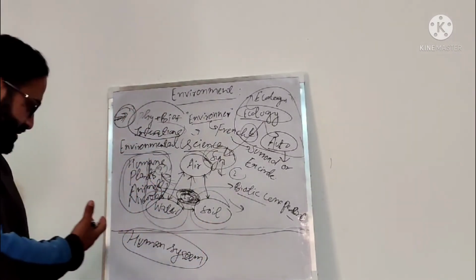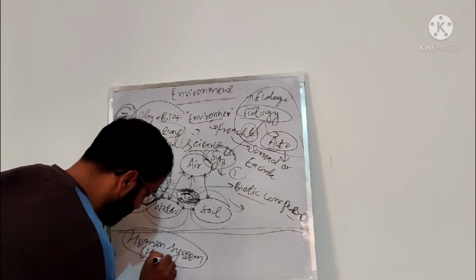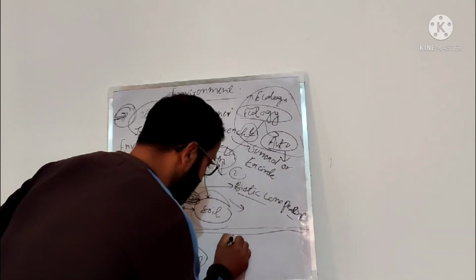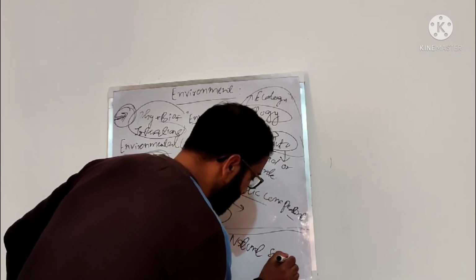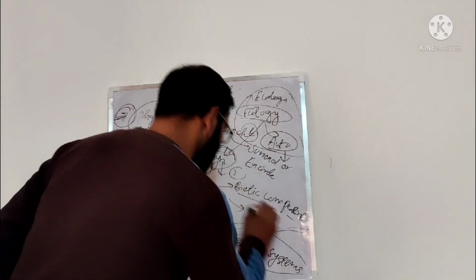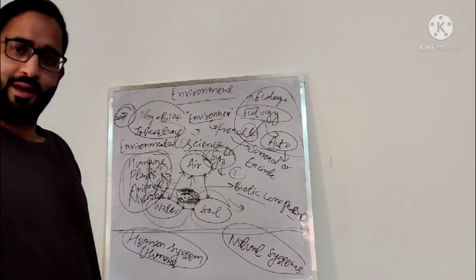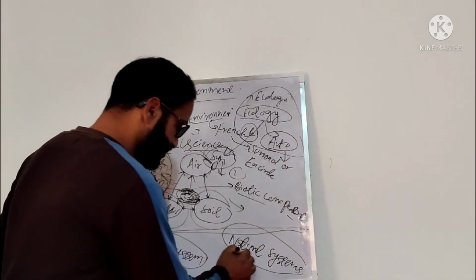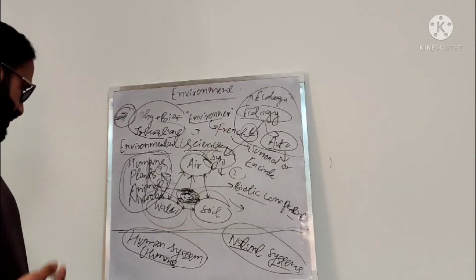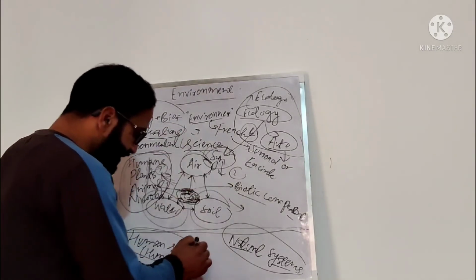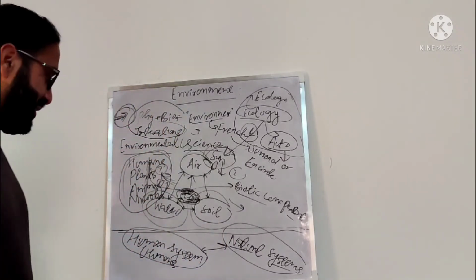If we take human beings out, the natural system includes all living and non-living components of the environment excluding human beings. So environmental science studies the interactions between the human system and the natural system.